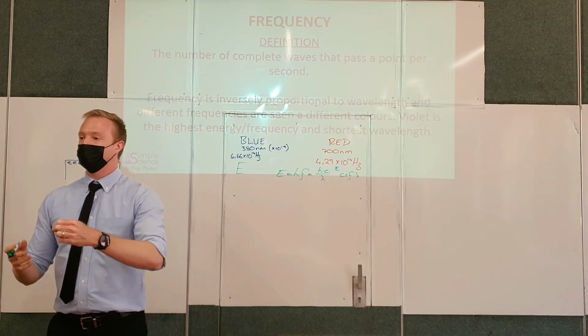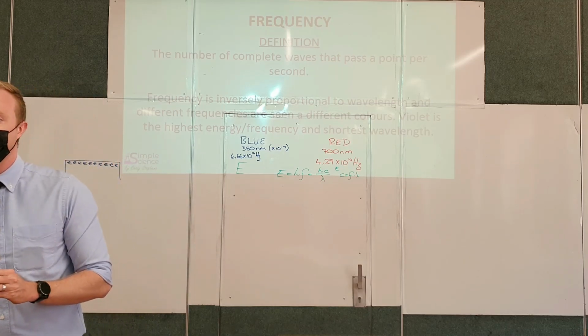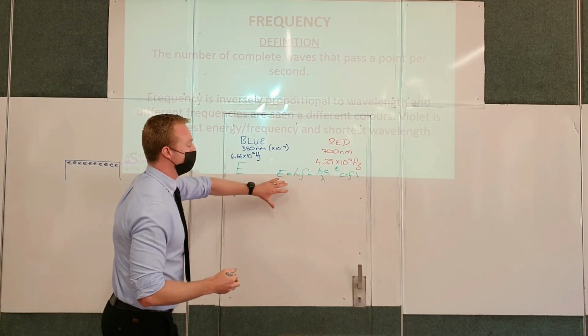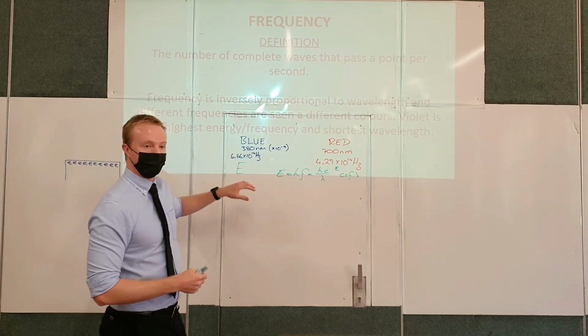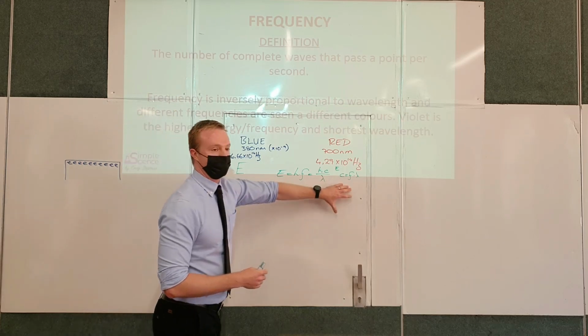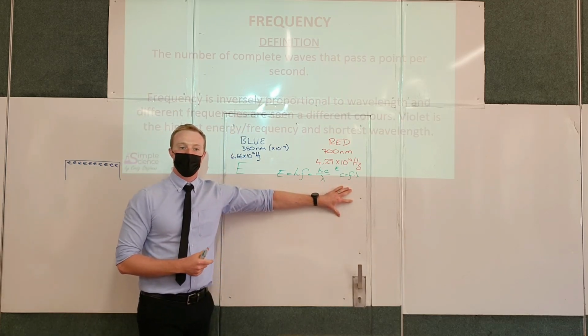So when we're talking about light shining on a surface, what you need to keep in mind is that blue light and things at the blue end of the spectrum typically have more energy, and red light and things at the red end of the spectrum typically have less energy.